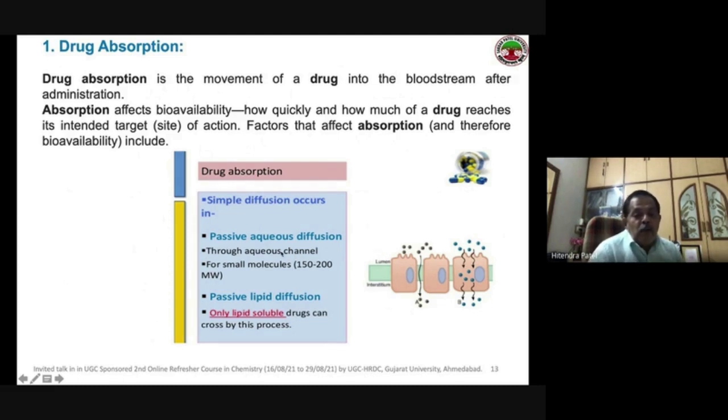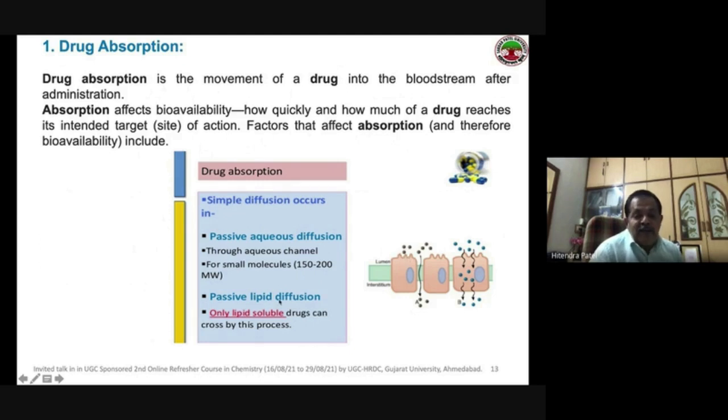For small molecules there is passive aqueous diffusion. For example, small molecules with a molecular weight of 150 to 200 pass through passive aqueous diffusion.